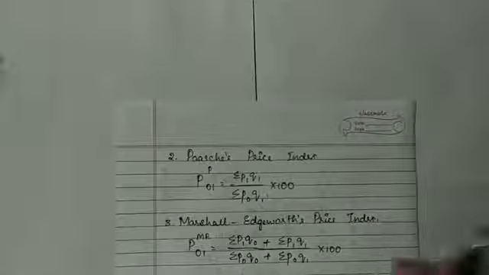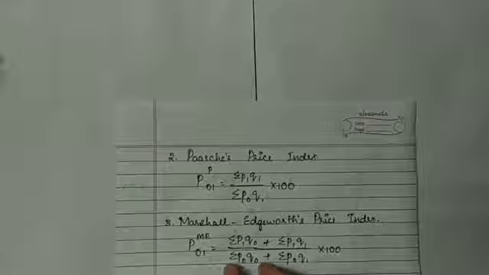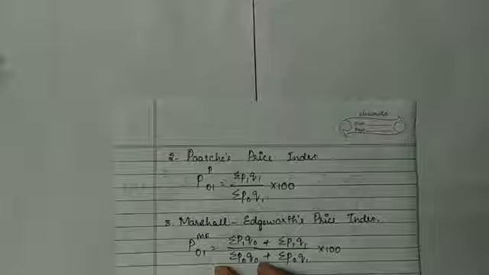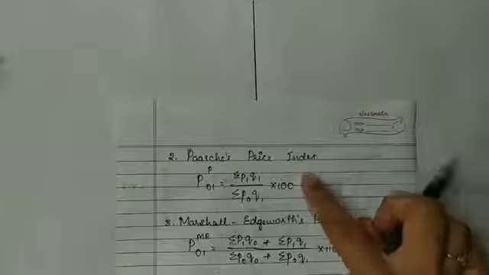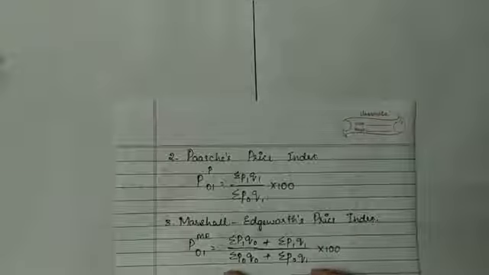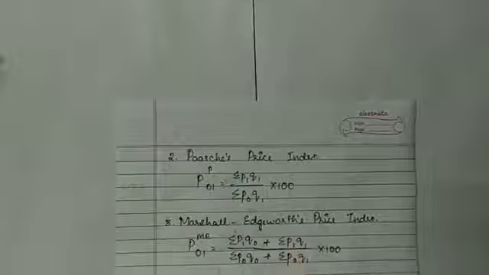If you see the first part, summation P1 Q0 divided by summation P0 Q0, this is of the first type, Laspeyres. And the second part is of Paasche. So here both are combined. This is about Marshall and Edgeworth price index.